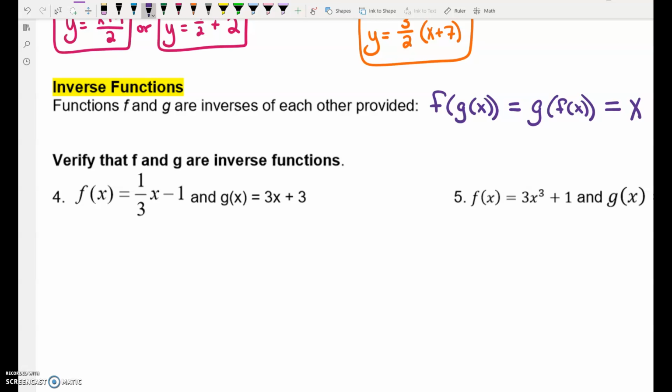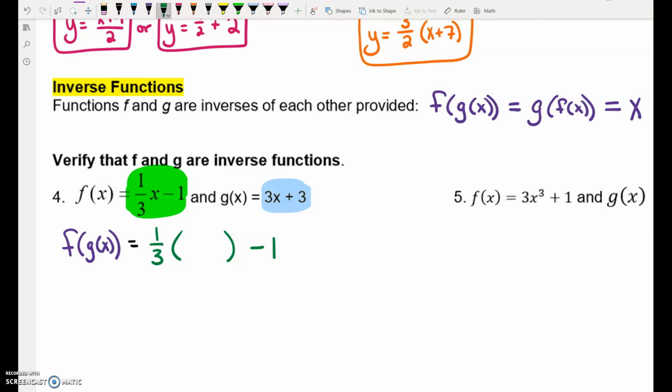So, verify that f and g are inverse functions. We need to do f of g of x. So, if f of x is this one and g of x is this one, I need to do 1/3 times something minus 1.